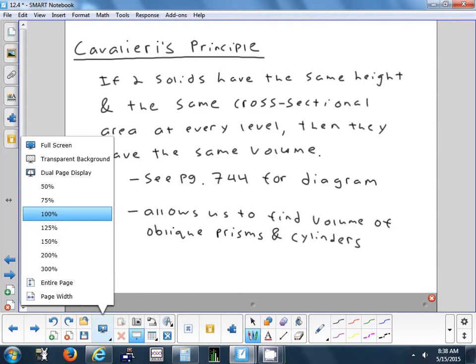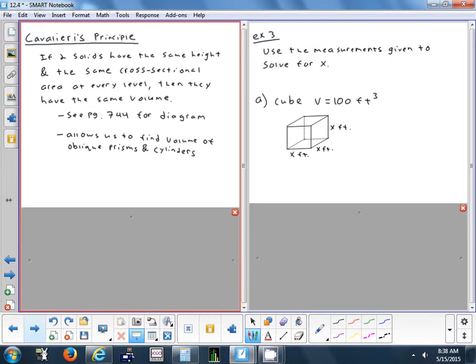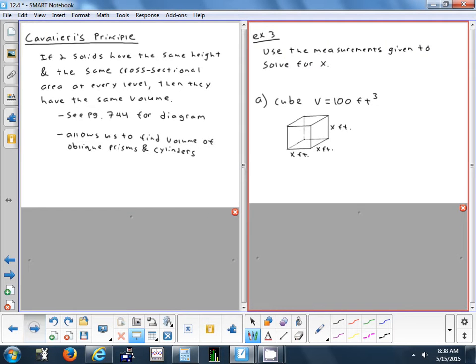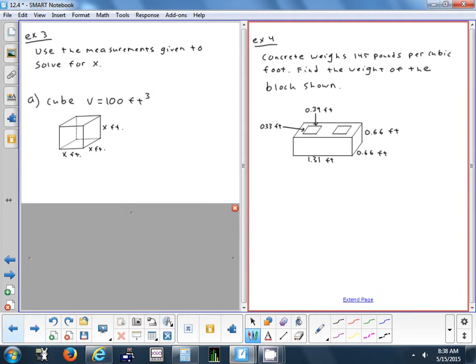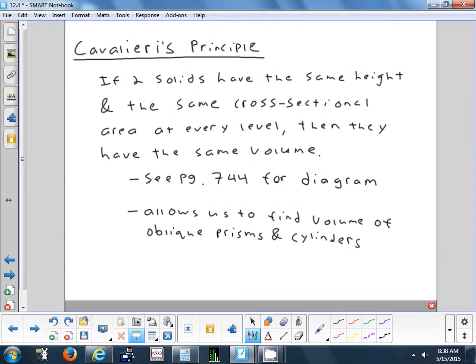Let's see if I have a picture of, do I have anything slanted? No. Okay, so our book doesn't spend a lot of time on it. So we're not going to really do too many examples with it.